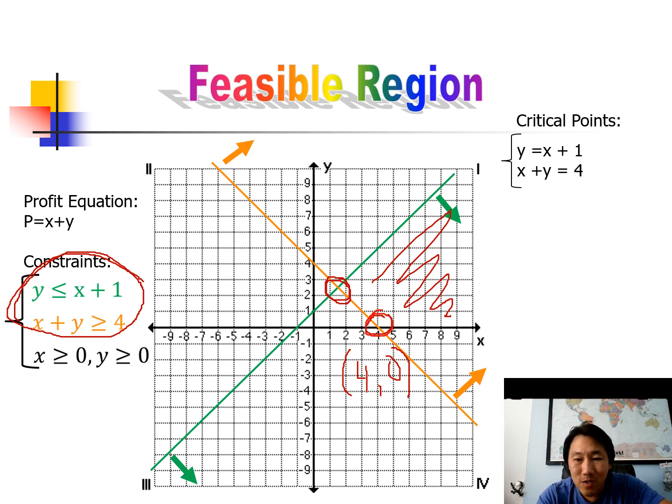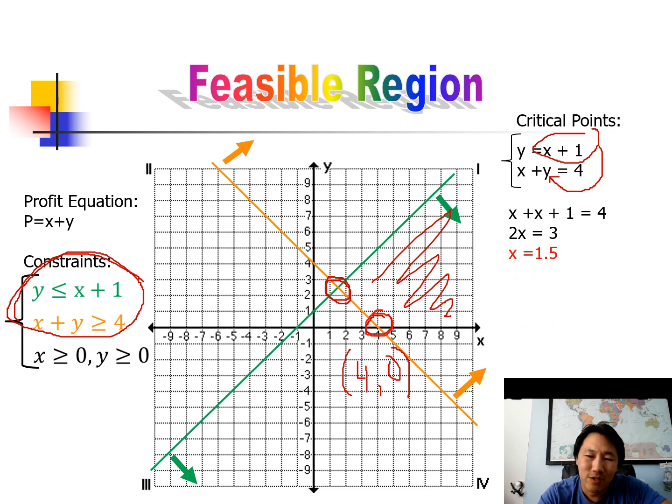I would use substitution. By substitution, I take that and I substitute it into the y to get this. Simplify, divide. I should get 1.5, and then plug it back in to the x to get 2.5.